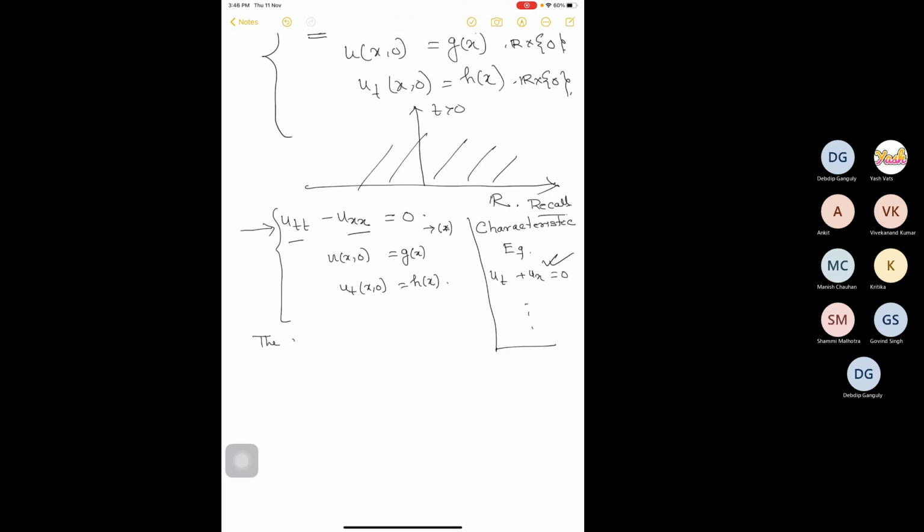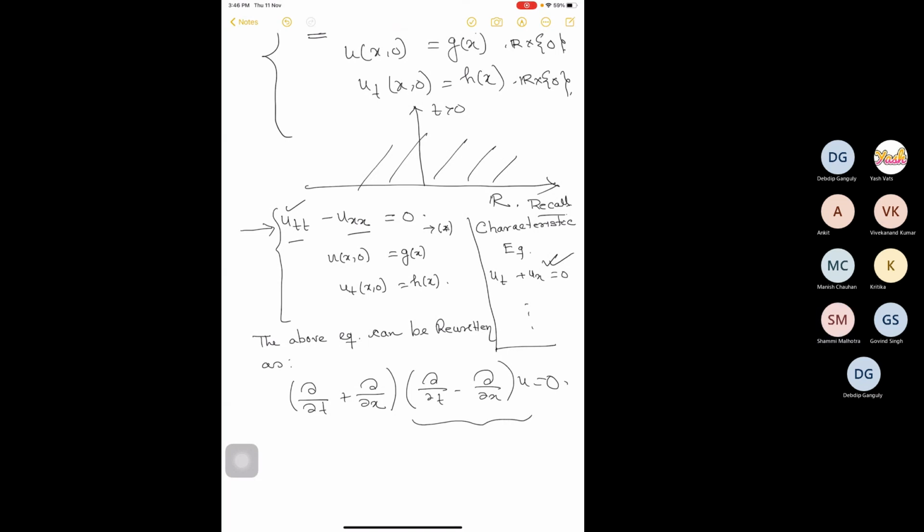The above equation can be rewritten as this. Yes or no? This u_tt minus u_xx I am writing in this way. Can I write this? Yes, sir. Okay.